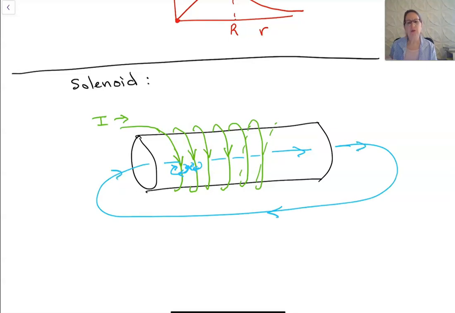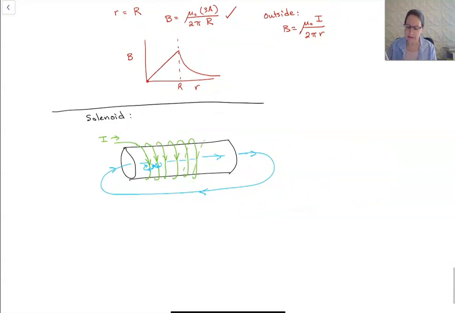And that should look vaguely familiar because that's the kind of setup we had with a permanent magnet. We said that the magnetic field pointed like this, if this is our south pole and this is our north pole. So one way to think about a permanent magnet is that it's made up of lots of little loops.